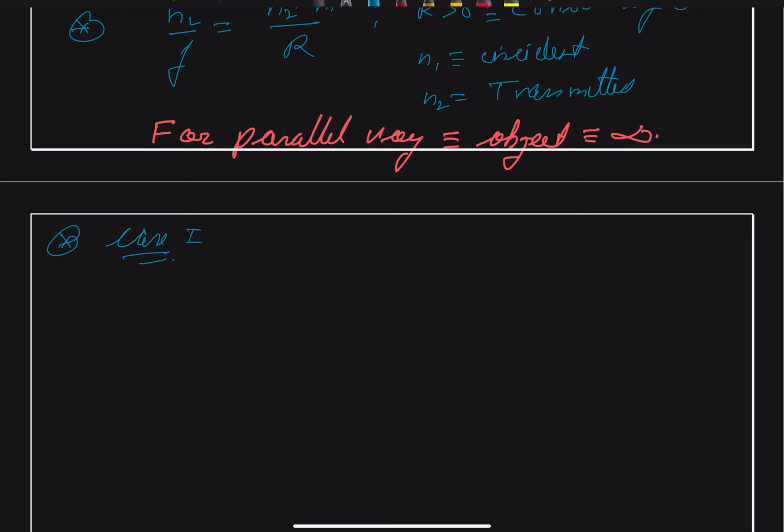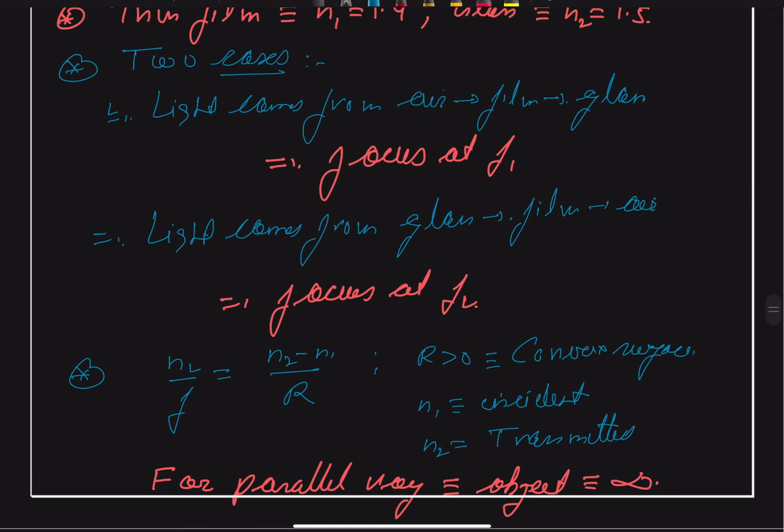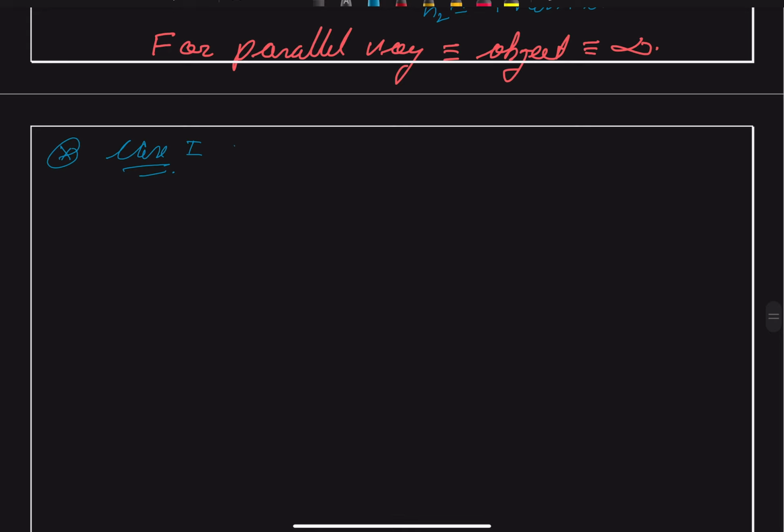So let us sort it out for case 1. We are given that the media are air, film and glass. So we have air, then it goes to the film, and then it goes to the glass.